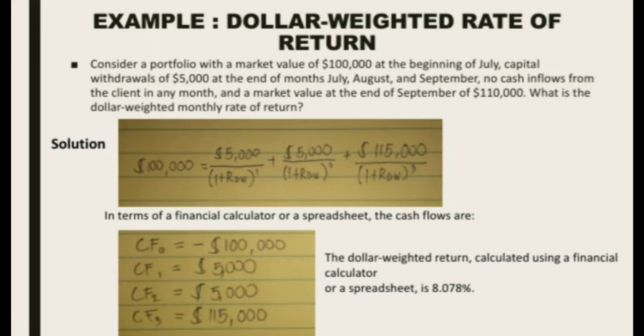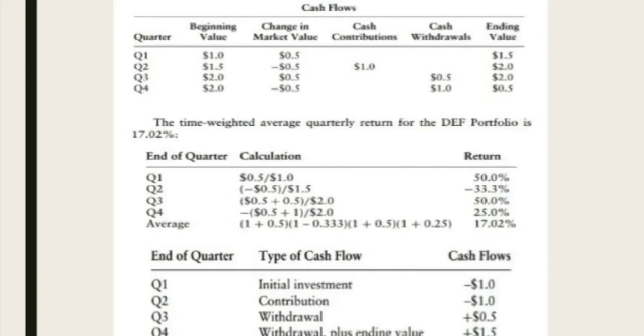In terms of a financial calculator or a spreadsheet, the cash flows are negative $100 as CF0, $5,000 as CF1, $5,000 as CF2, and $115 as CF3. So the dollar-weighted return calculated using a financial calculator or a spreadsheet is 8.078%.